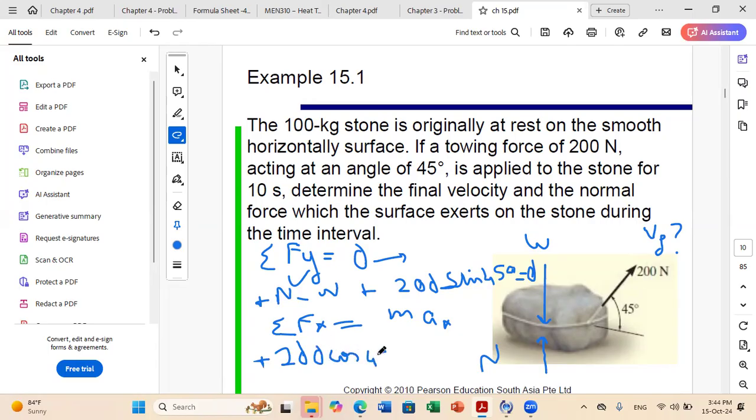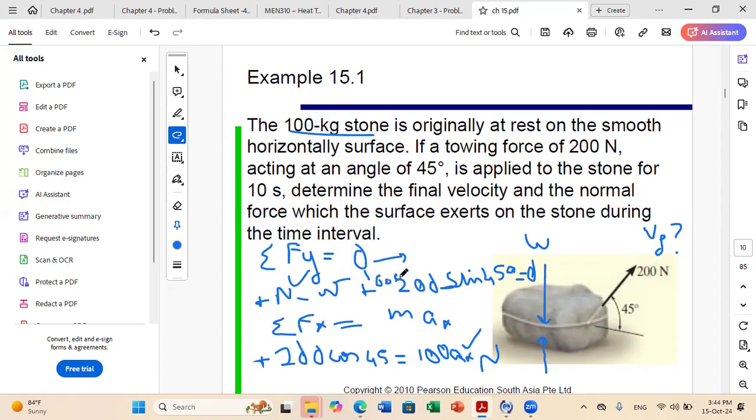Equals m, which is 10 kilogram, times ax, if I consider g to be 10. Oh, sorry, m is 100 kilogram, yes. So 100 times ax, I solve for ax, okay? For the weight, it's 100 times 10, which is g, so the weight is 1,000.